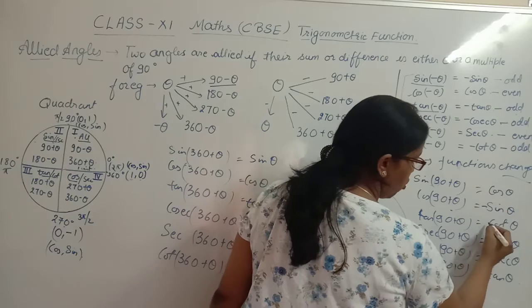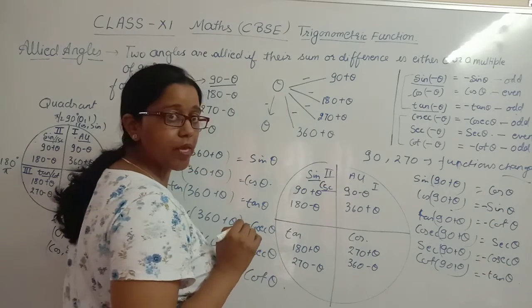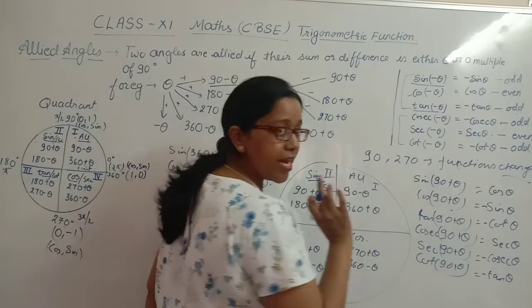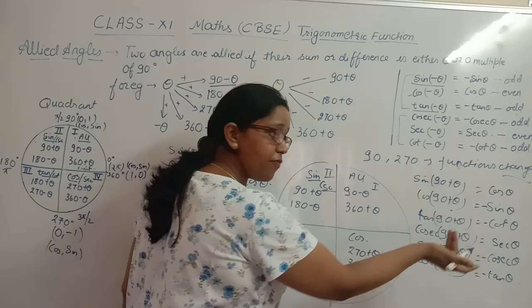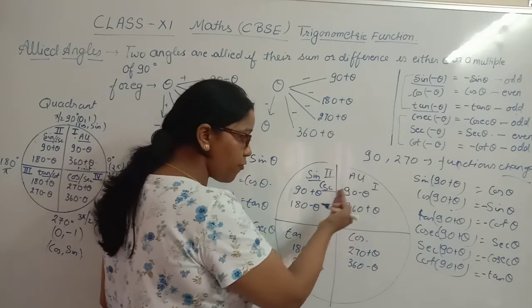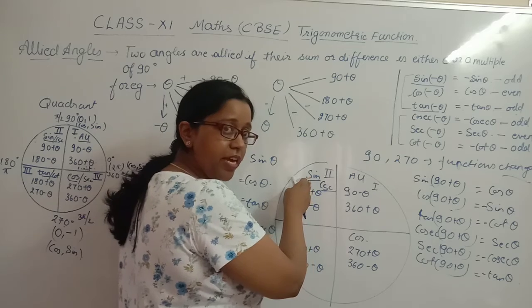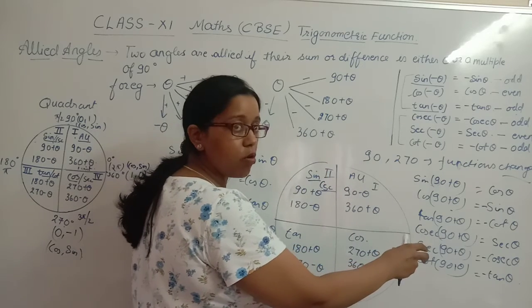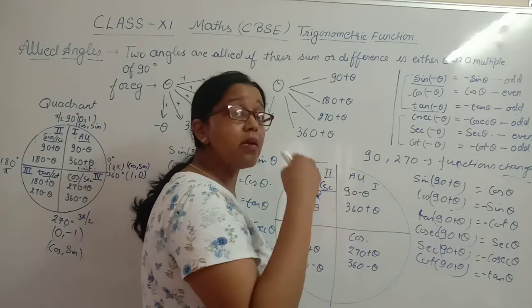So in all the other values we are going to put a minus sign. Clear? This is what I am trying to teach you. With 90 the function will change, but if you are moving to the other quadrants, whatever function is positive in that quadrant, leaving that function, the other functions' values will be negative.